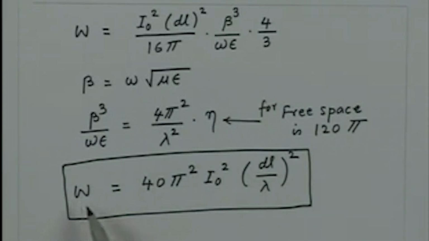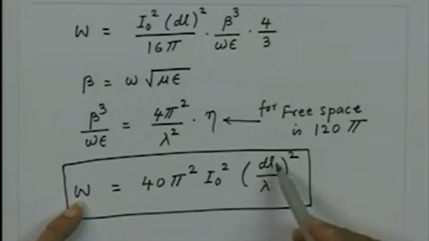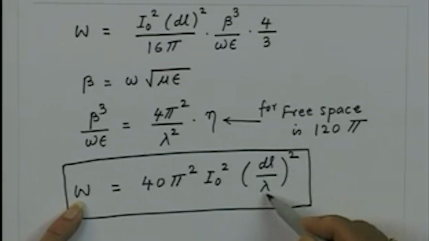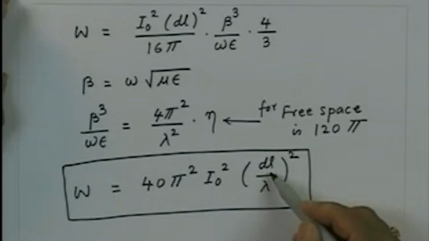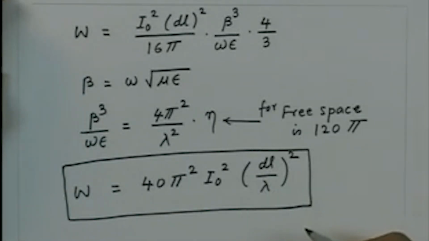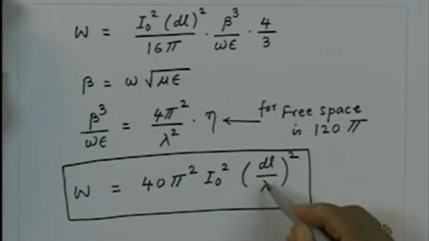However, what we note is that the power radiated is related to the square of the length of the dipole dl normalized to the value, that is lambda. That means the absolute length of the dipole is not important. What is important is the relative length of the dipole with respect to the wavelength which you are radiating.